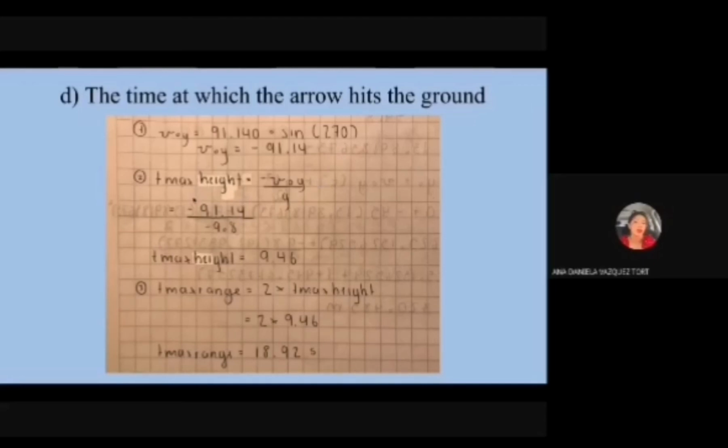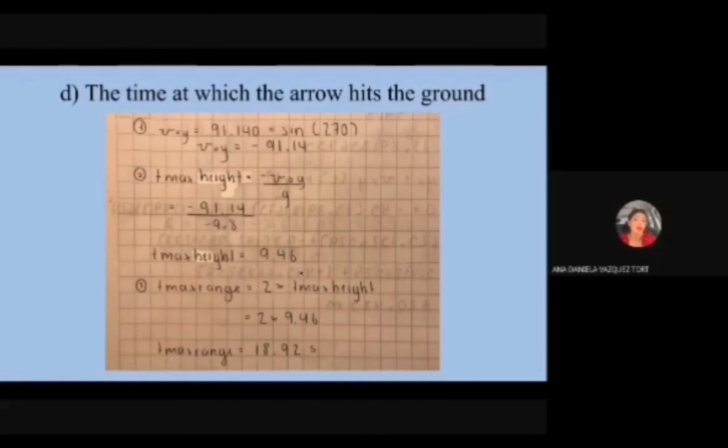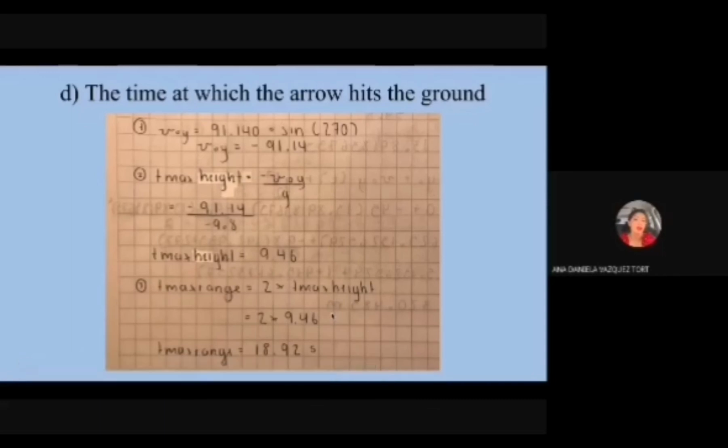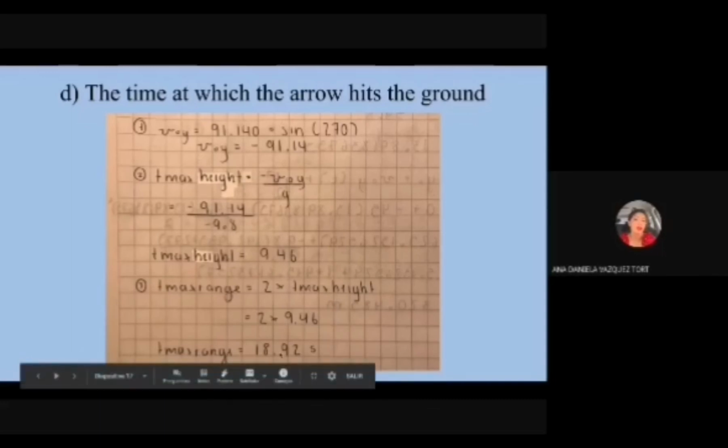And the result for this one is 9.46. Now we can get the t max range. We need to multiply t max height by 2, and we get 18.92 seconds.